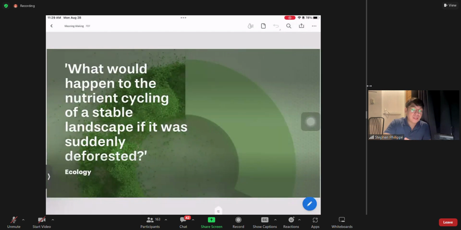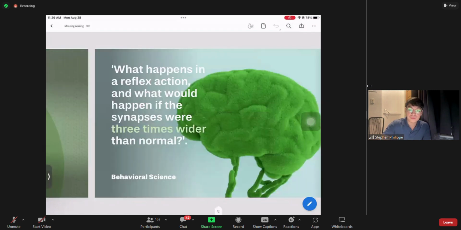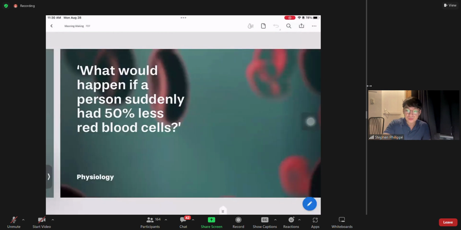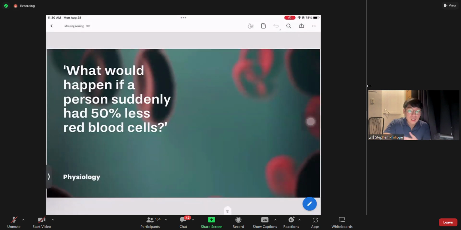What would happen to the nutrient cycling of a stable landscape if it was suddenly deforested? What happens in a reflex action? What would happen if the synapses were three times wider than normal? And lastly, what would happen if a person suddenly had 50% less red blood cells?